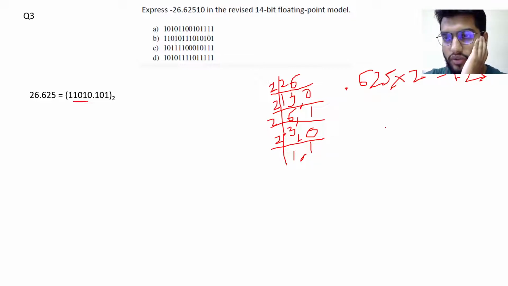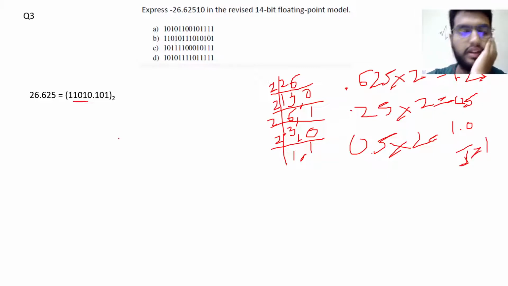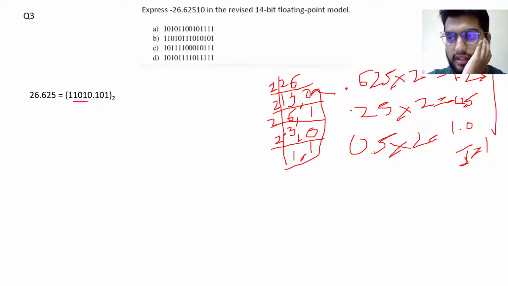Then we take the fractional part, 0.25, multiplied by 2. So it is 0.5, and the integer part is 0. Then we take 0.5 and multiply it by 2. So it is 1.0, and the integer part is 1. So our number will be 101. That's what I have written here. My number in binary is 11010, that is here, and 101 is the fractional part, that is here.